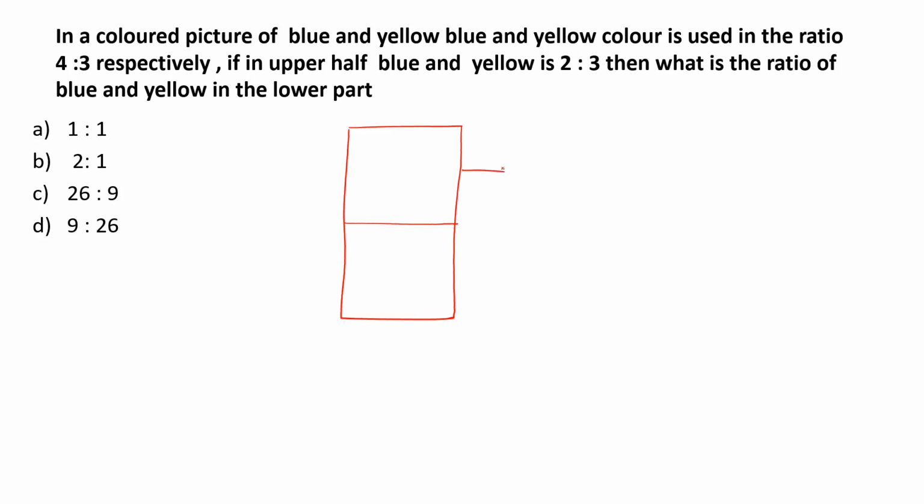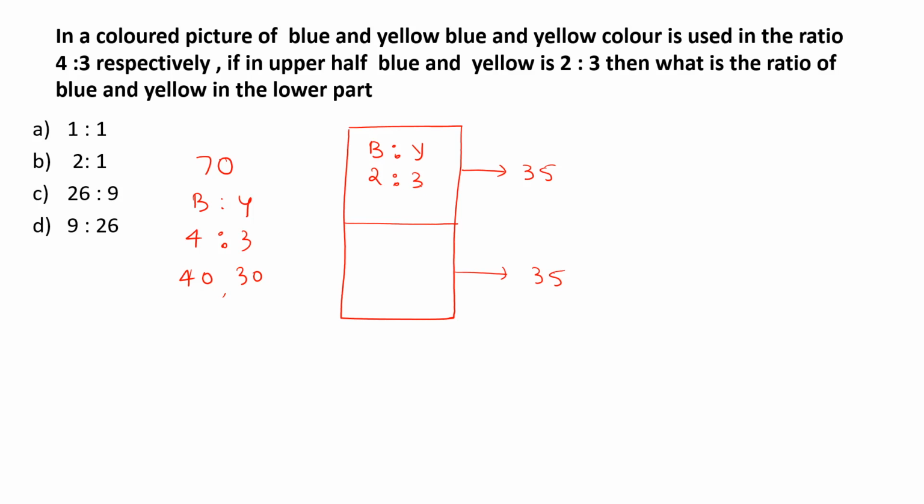Then take the value of the upper portion of the picture as 35 and the lower portion would be 35. Then the total value of the picture is 70. Out of the 70, the values of blue and yellow are in the ratio of 4:3, that means 40 units and 30 units respectively. In the upper portion, the value of blue and yellow were in the ratio of 2:3.